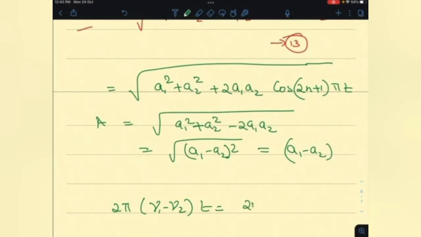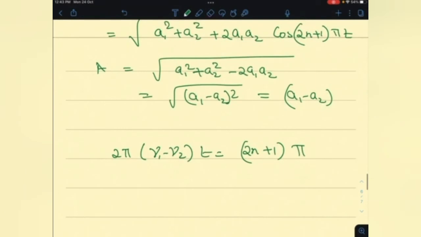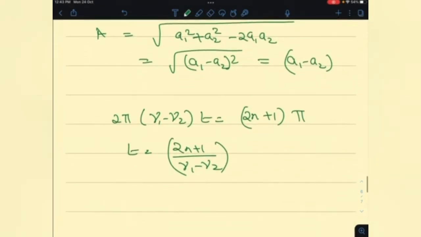Now we put n equal to 0, so it is 1 by 2(ν1 − ν2).